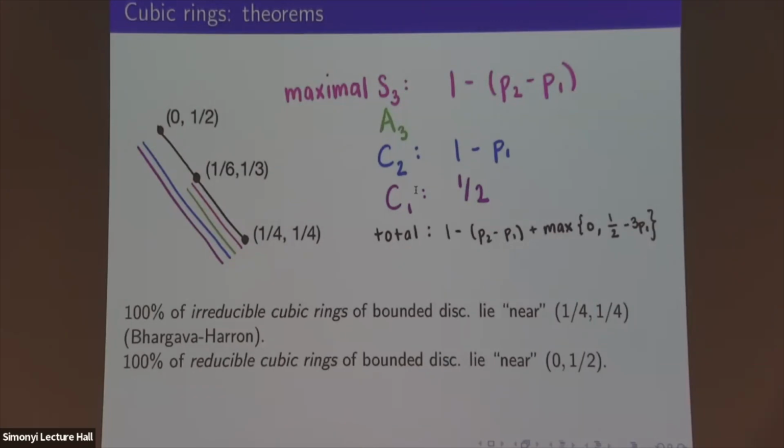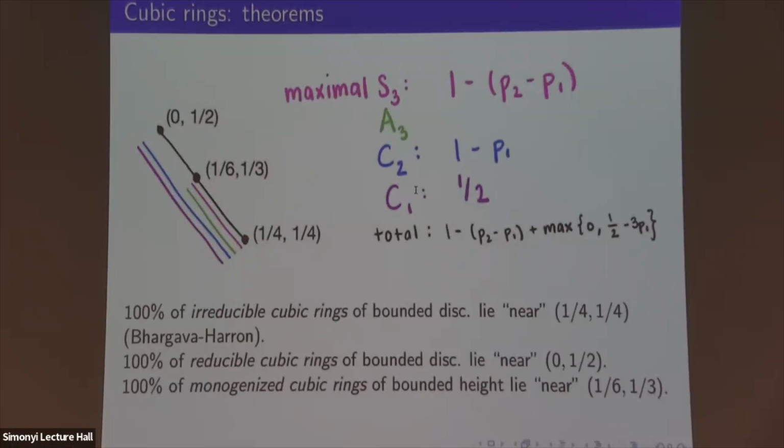Moreover, if you look at the density functions for C2 and C1 and take their maximum, then you'll observe that 100% of reducible cubic rings of bounded discriminant lie near this point, which is also fairly easy to see using other methods, but this is a nice way to package all that data together.